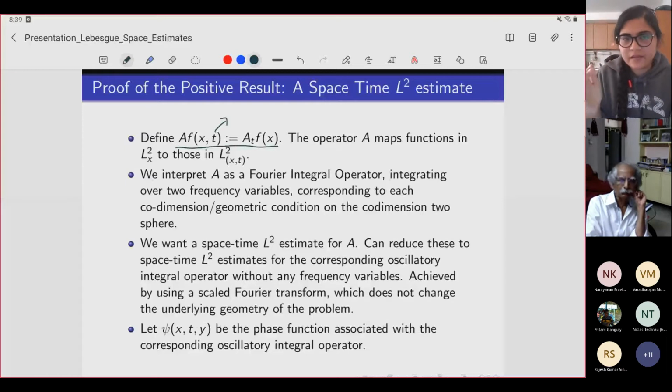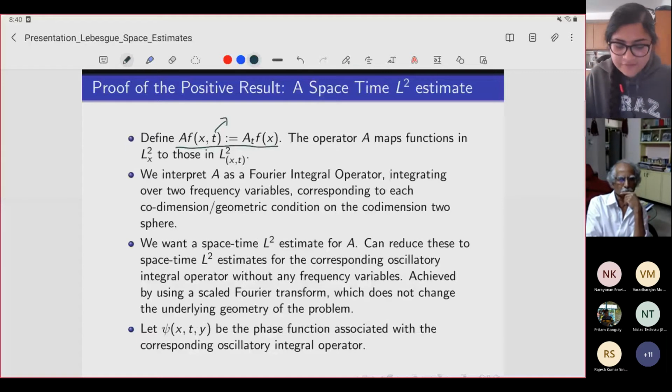Because my surface happens to be of codimension 2. So each of those frequency variables corresponds to one of the defining equations of the sphere of codimension 2. Using this, we can write the operator A as a Fourier integral operator. So introducing these frequency variables is necessary to write it as an FIO first.